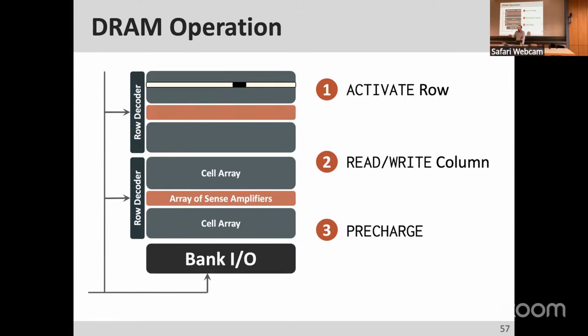The goal of the circuitry is to close the row that's active in the sense amplifiers, which requires you to reset the sense amplifier to the stable precharge state where both ends of the sense amplifier are at VDD over 2, the reference voltage again. So the additional circuitry is needed for that purpose.